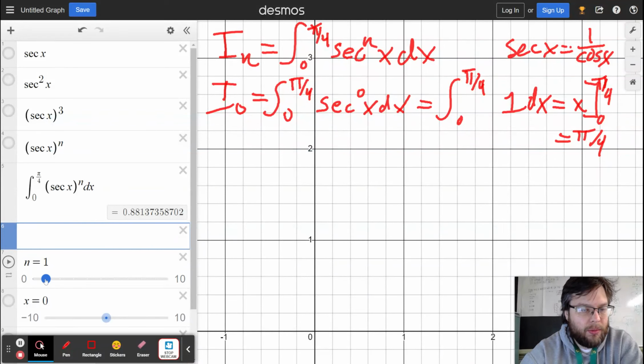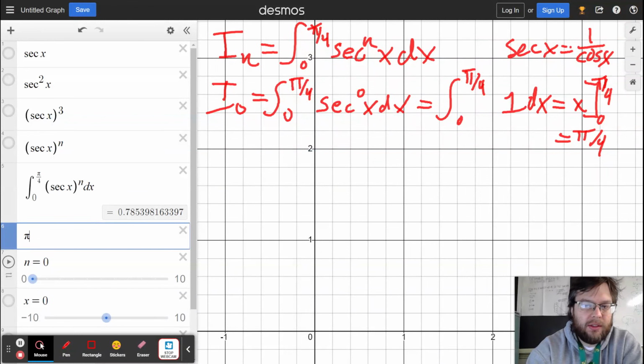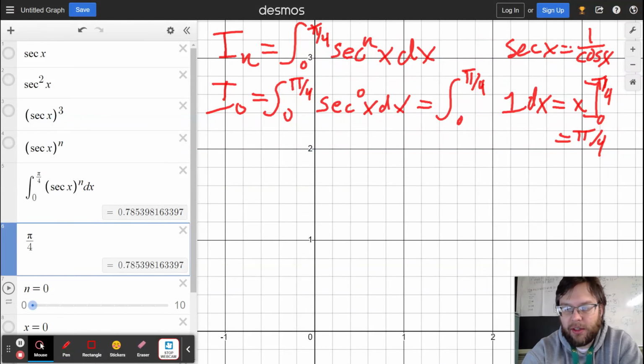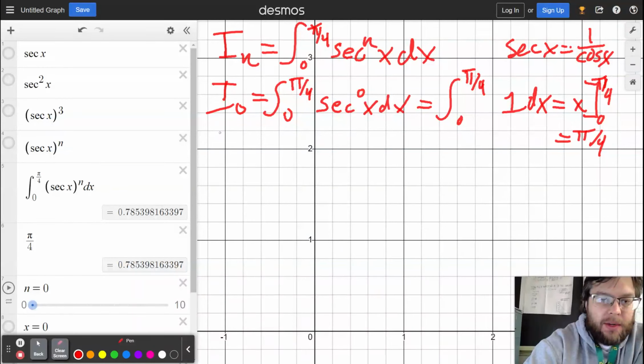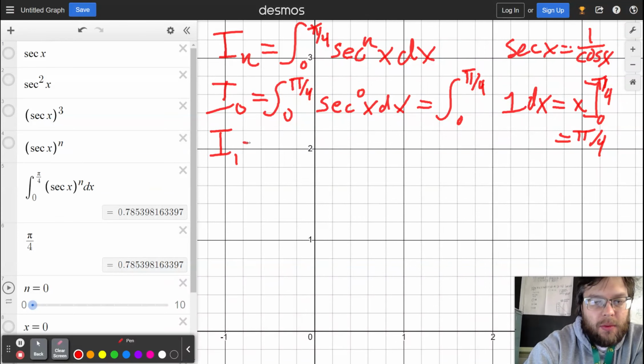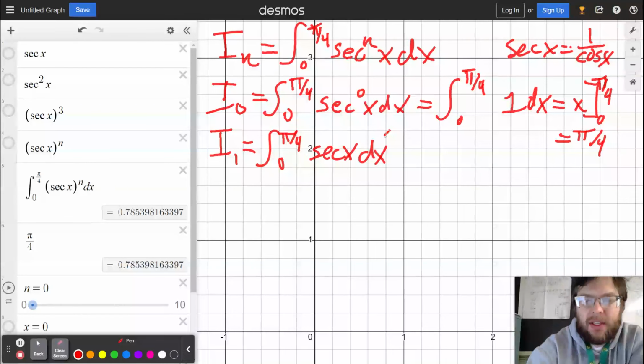That's when n is equal to 1. So when n is equal to 0, I should get 0.785. Let's double check. Same answer as before. So that's great. Now we know I0. Let's do I1. I1, integral from 0 to pi over 4 secant x dx.